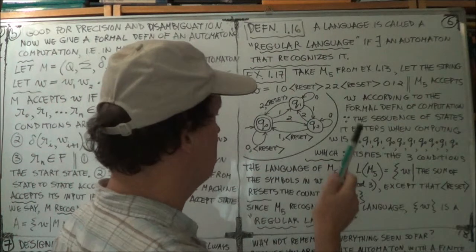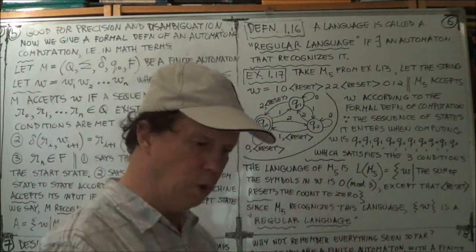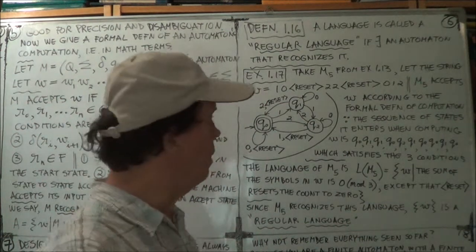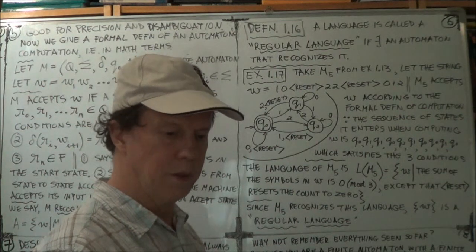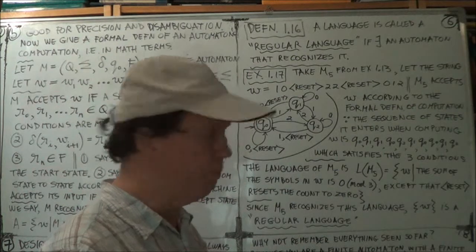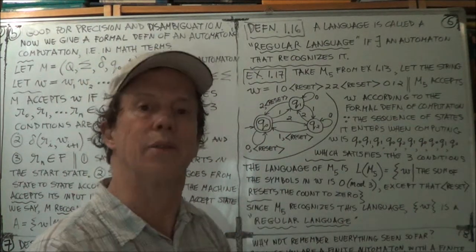Now what is the language? The set of all input strings that are accepted by this automaton is defined to be the language recognized by this machine. What is that language?